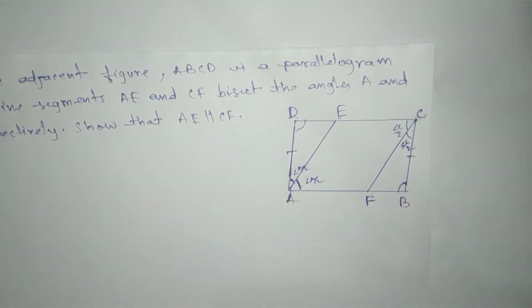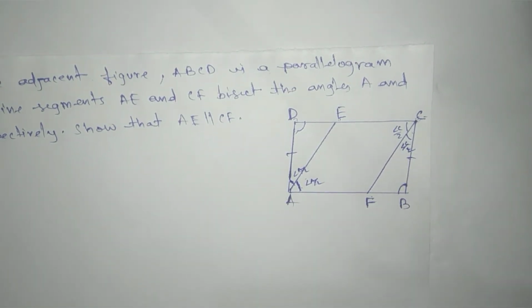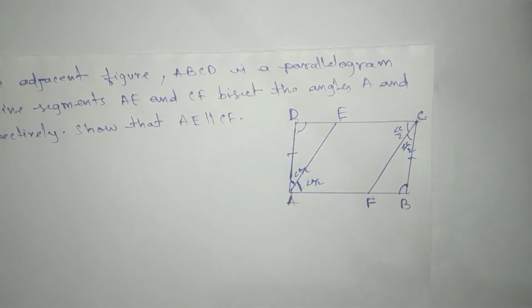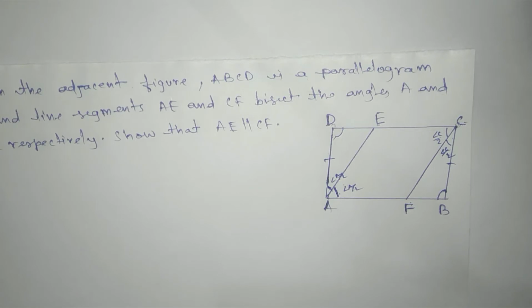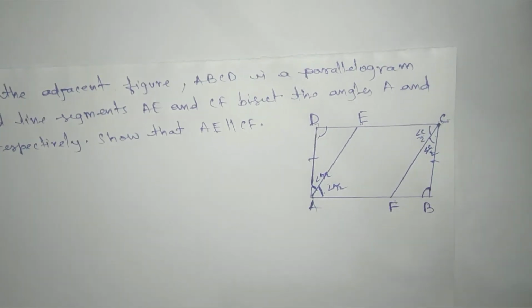And we know that opposite angles are equal, so we can say that half of opposite angles are also equal. Here they are asking that AE is parallel to CF.